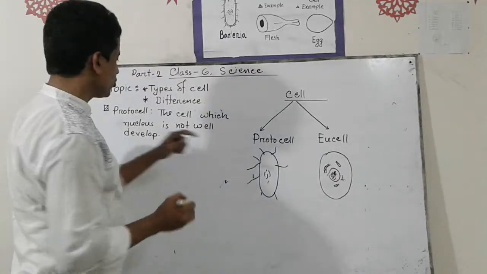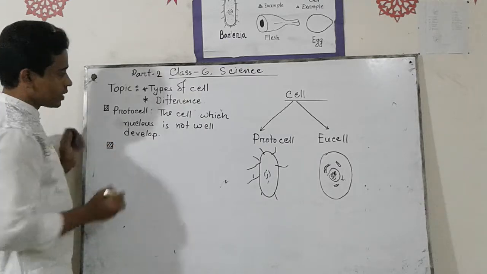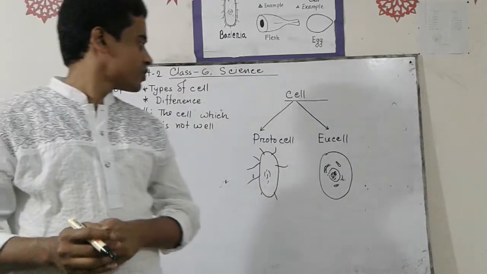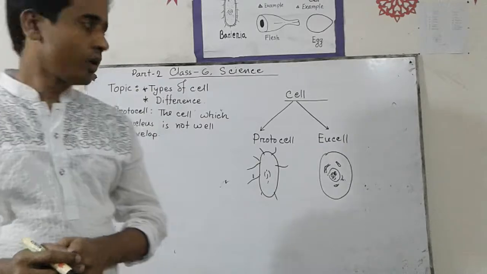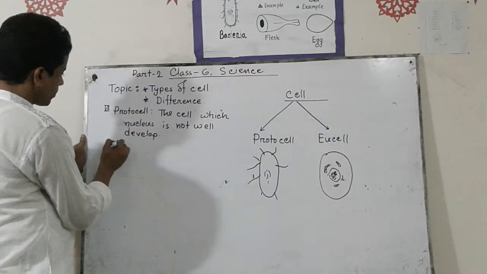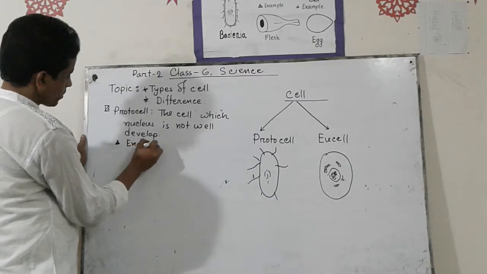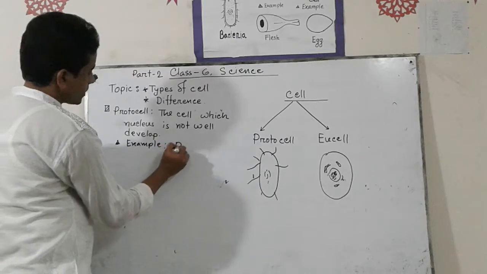On the other hand, eucell, the cell whose nucleus is well developed. Okay, so you can write the example: bacteria.